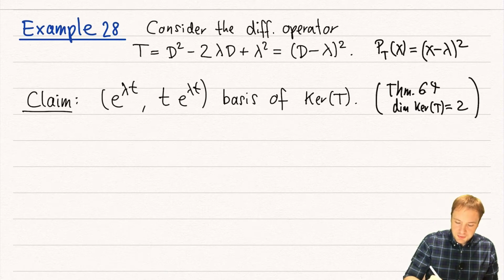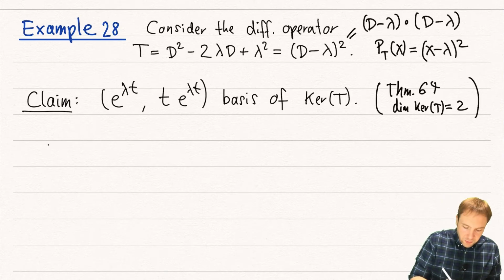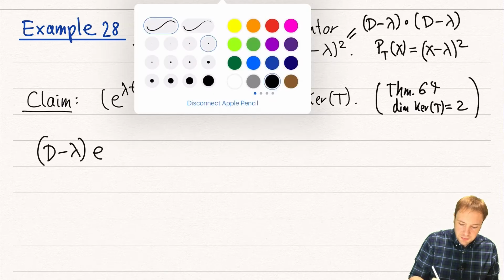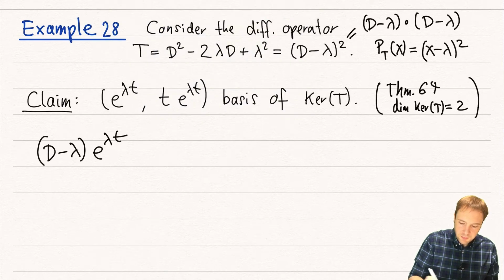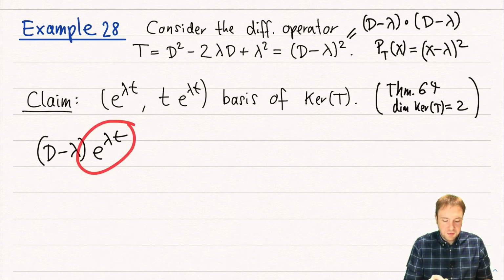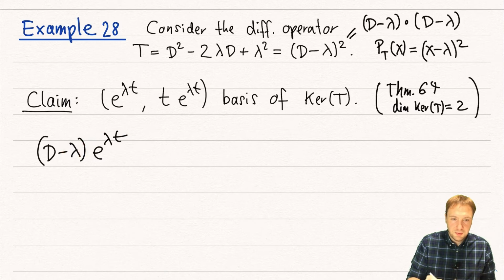T is D minus lambda and D minus lambda. If I apply D minus lambda to the first element, then we already learned that this is in the kernel, because if I take the derivative of this, I get a factor lambda in front, and minus lambda times this gives 0.